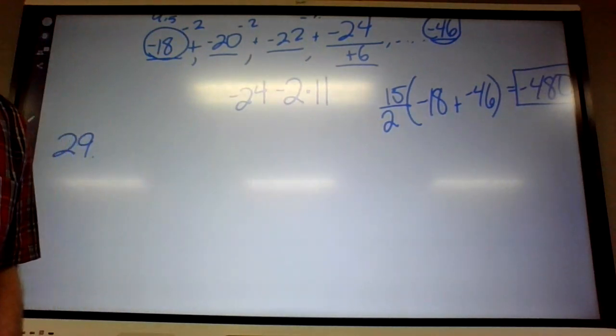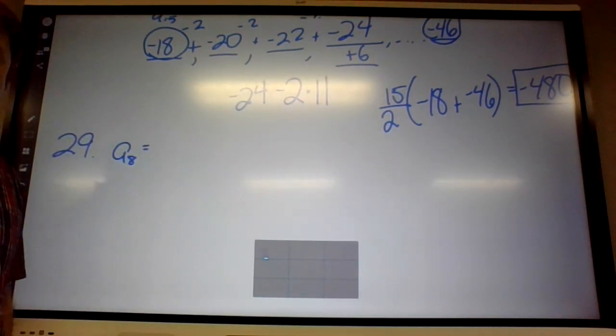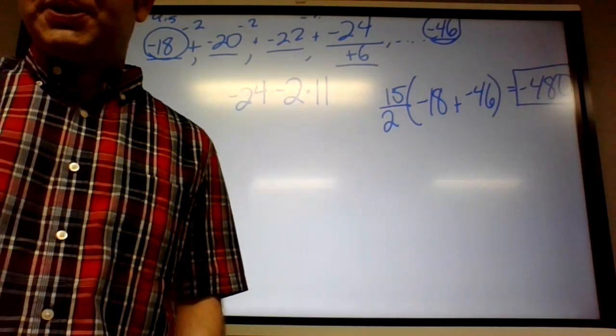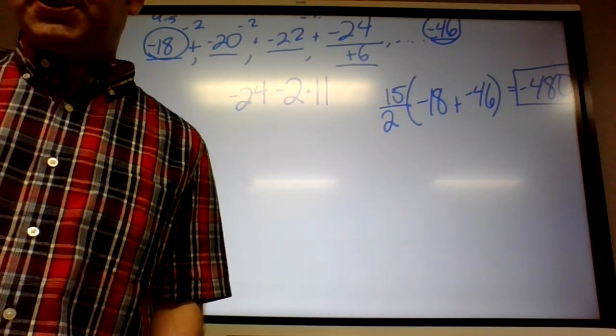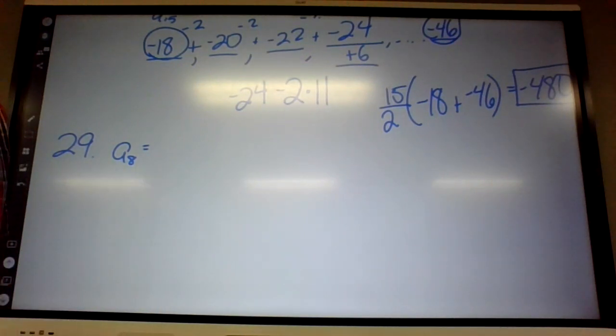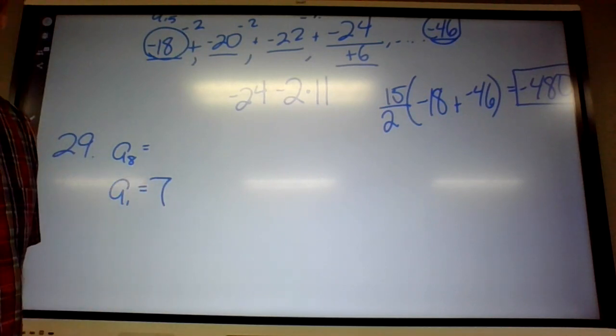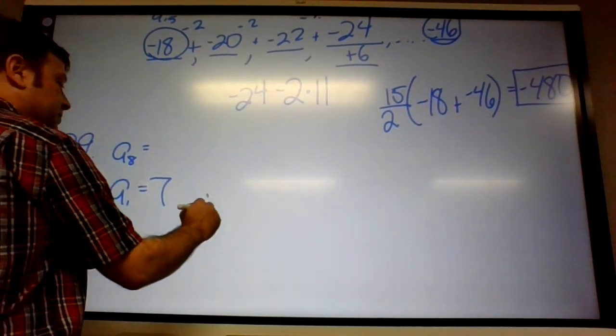On 29, it's kind of the same as what we're just doing, but this time it says these are geometric sequences. So we're supposed to find a sub 8 if a sub 1 is 7 and r equals negative 2.